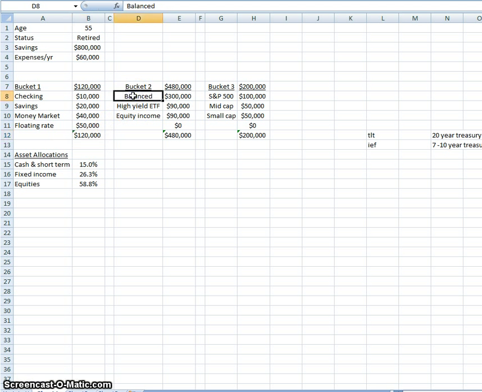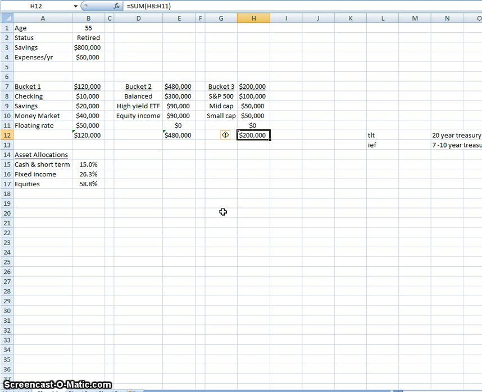Bucket 2 is comprised of a balanced fund of $300,000, a high yield ETF at $90,000, and an equity income fund of $90,000. In our third bucket, our furthest out bucket, 10 years out, the S&P 500 ETF, $100,000, the mid cap ETF of $50,000, and a small cap ETF of $50,000, which comprises our total of $200,000, $800,000 for the total portfolio.